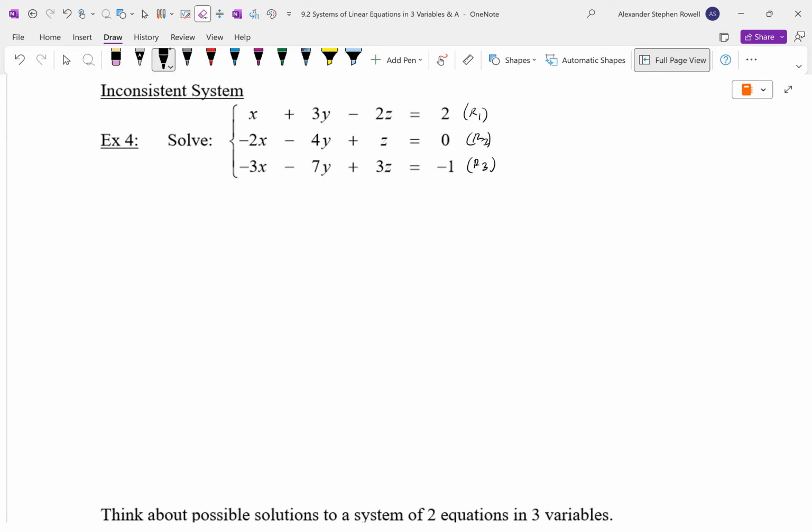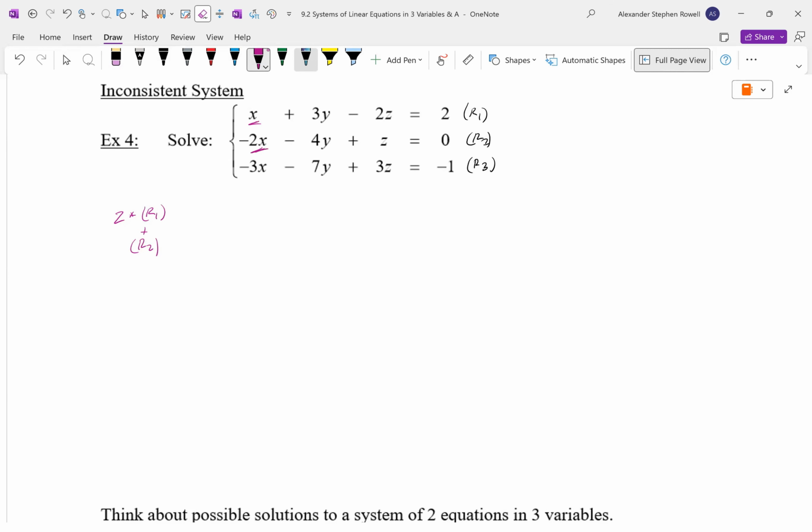Let's try this last one to see if we can show this inconsistent system. Which variable looks easiest to eliminate, x, y, or z? X, yeah. X is just as easy as z to eliminate, right? So let's do 2 times row 1 plus equation 2.